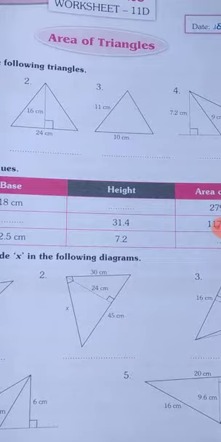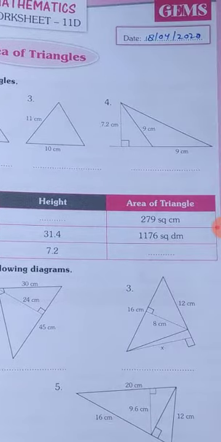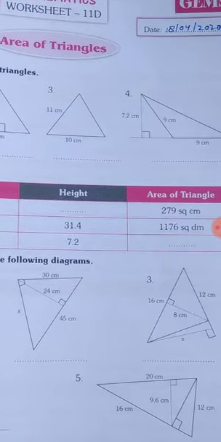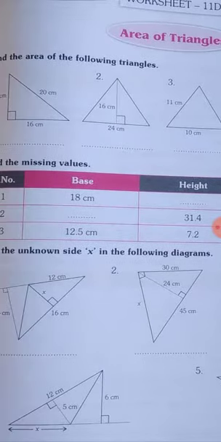Find the missing values. The missing values are base, height, and area. Simple. We use the formula of area of triangle and find the missing values. One question we will do here, the other question you do yourself.